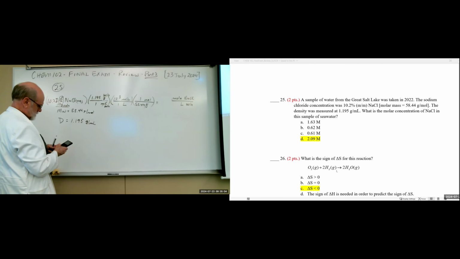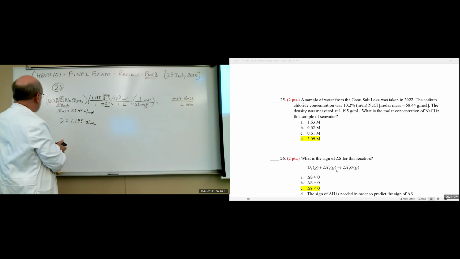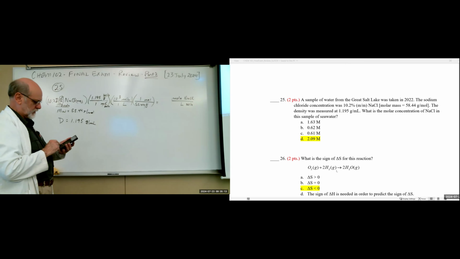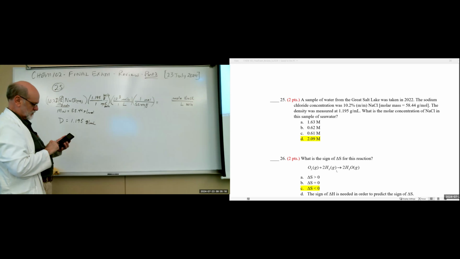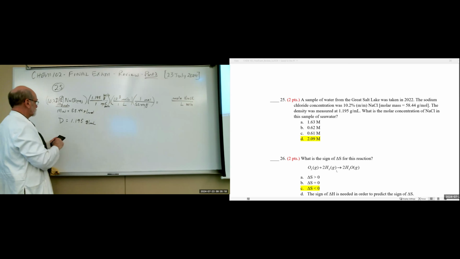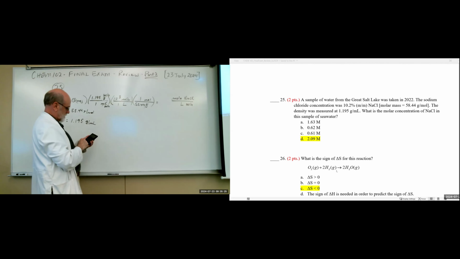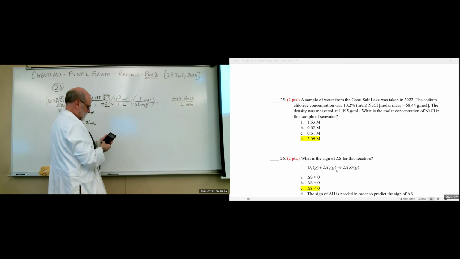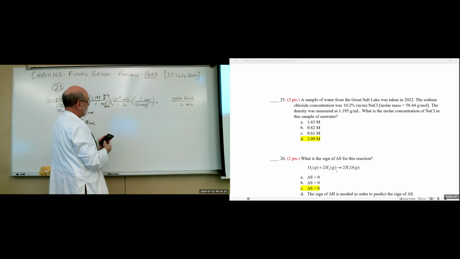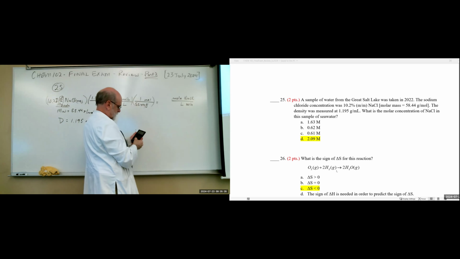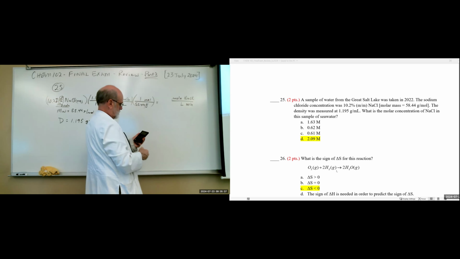All right, I'm going to change this display. There we go. Okay, so we have 10.2 grams per 100 grams. 10.2 divided by 100 times 1.195 here times 1,000 divided by 58.44.